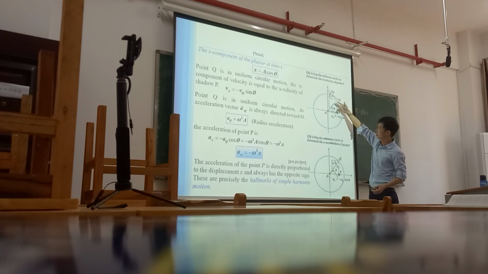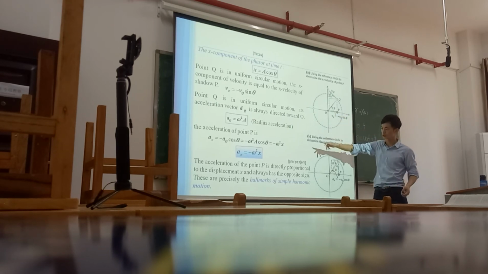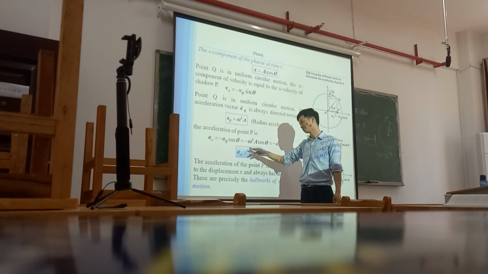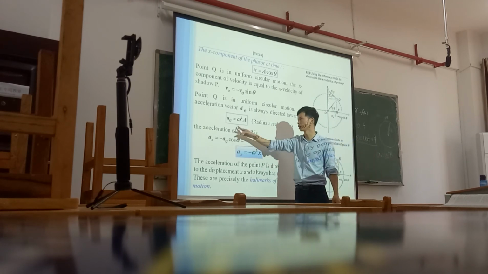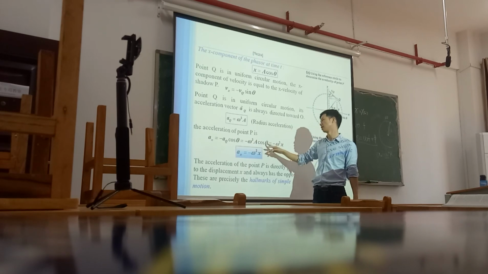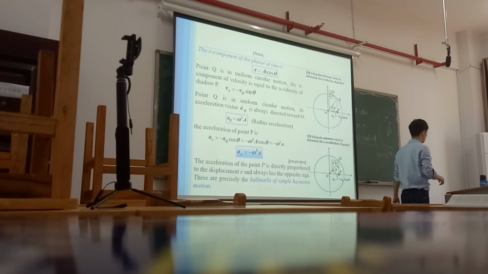The acceleration is in this direction, and the angle theta is here, so the projection is minus a_Q cosine theta, and a_Q is equal to omega square A. Then A cosine theta is x, so a_x is equal to minus omega square x.